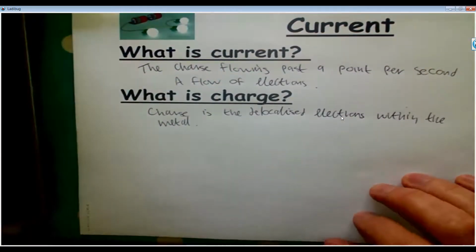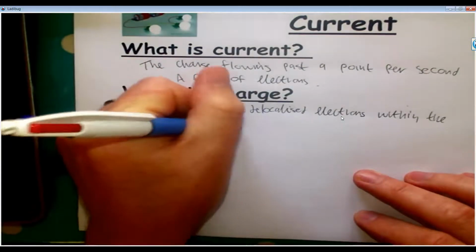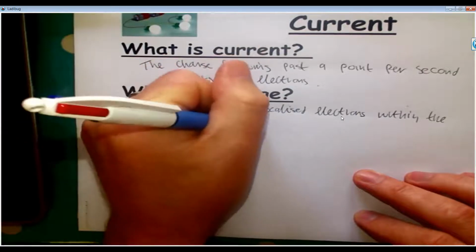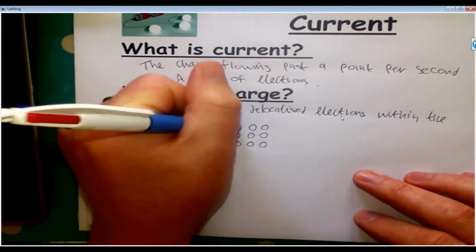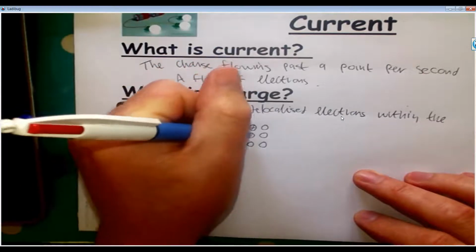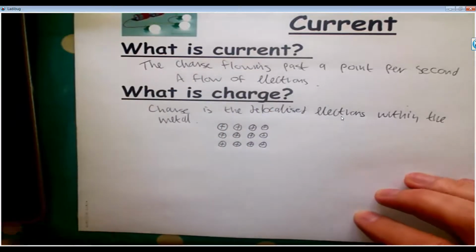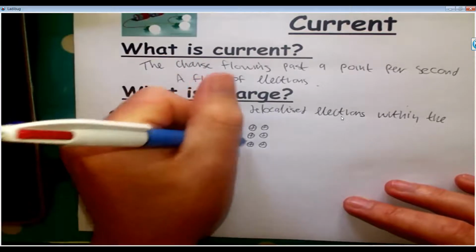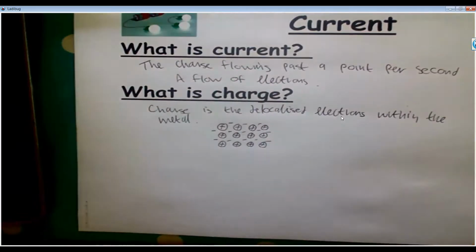So if we could make or draw a model to show what's going on, it might look a bit like this, with these circles representing metal ions, which you might remember from your retrieval today, atoms which have lost or gained electrons. In this case, they have lost electrons, and these delocalized electrons or charge are represented by these dashes, which can move between the metal ions as they travel through the metal.